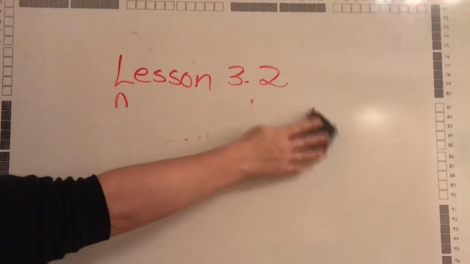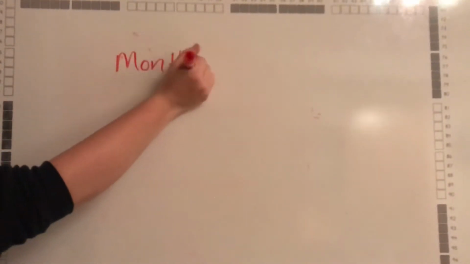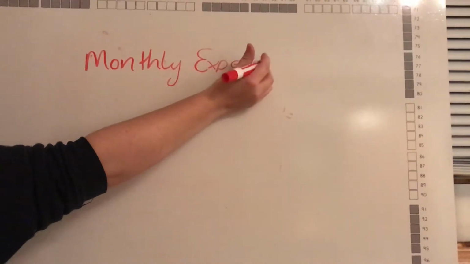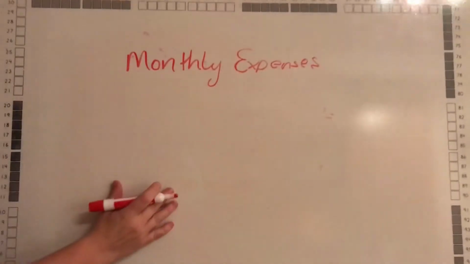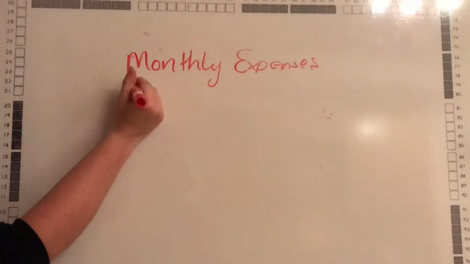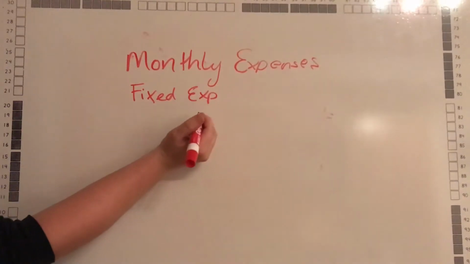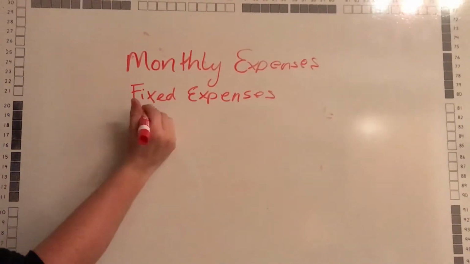So in your budget sheet, you need to have the following things: your monthly expenses, your fixed expenses, and your annual expenses.